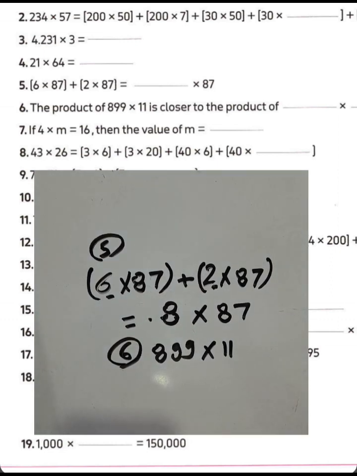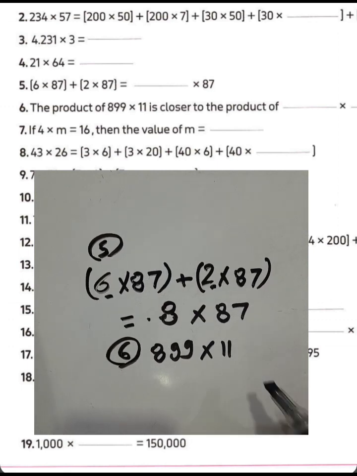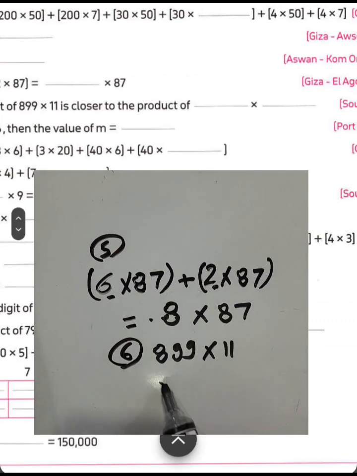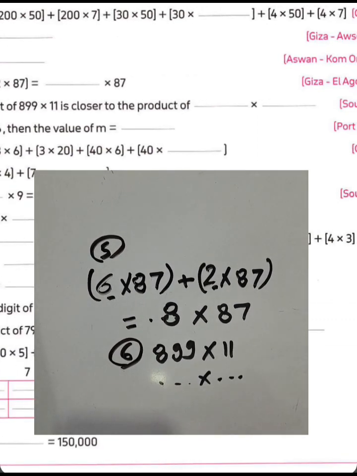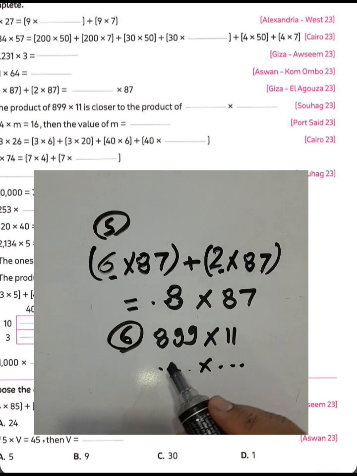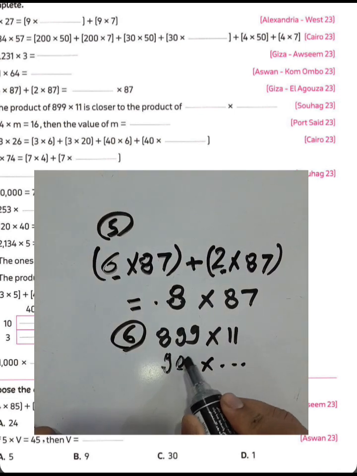So the product here will be close to 900 times 10. 899 times 11 is closer to 900 times 10.